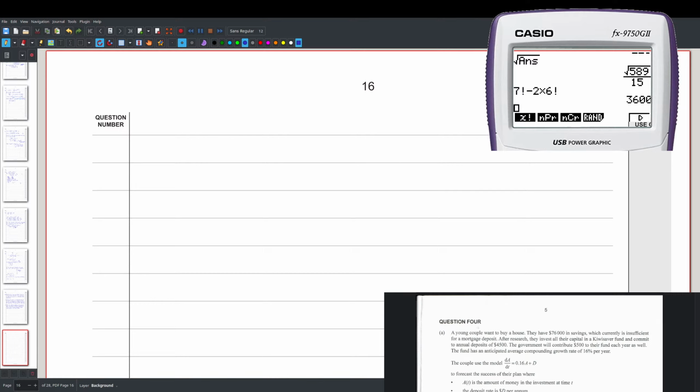Okay, this is not a good model, because your amount would end up higher than it actually is. Why don't you just say, for the correct model, A(n+1) equals 1.16 A(n) plus D. That's the correct model, right?